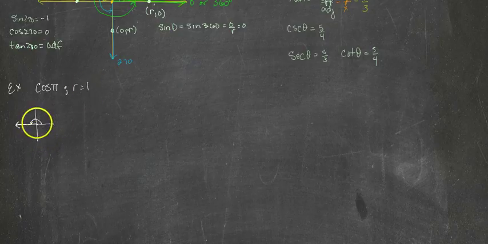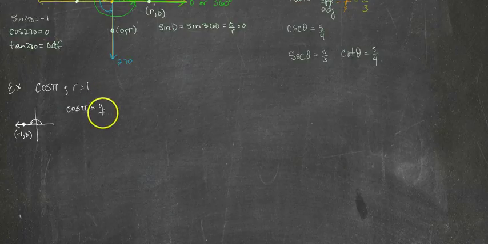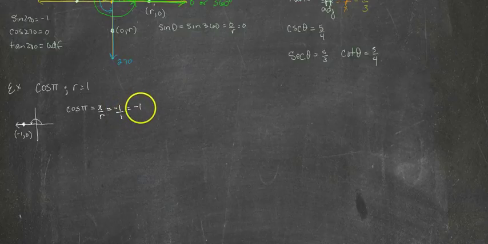And if r equals 1, then the point we're going to use to evaluate the cosine function would be negative 1 for x and 0 for y. And so the cosine of pi is equal to x over r, and x is negative 1, and r is 1, and so the cosine would be negative 1.